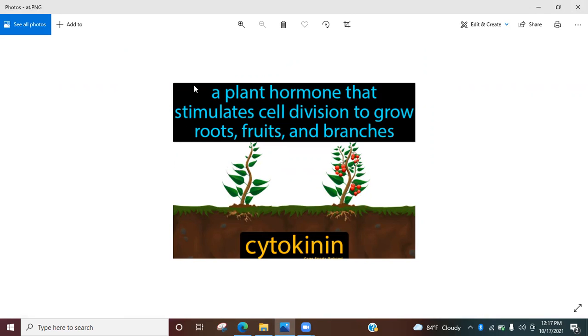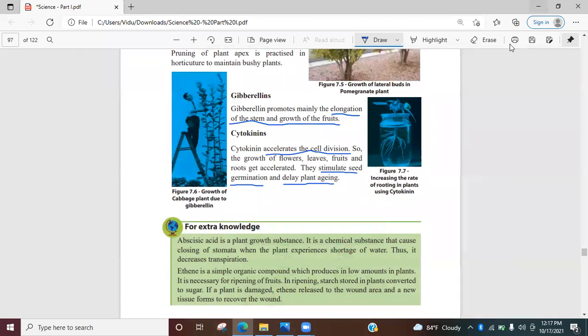This is the simple description of cytokinins. When you observe this plant and this plant, in this plant you can see there are fruits. So there is more cytokinin in this plant. And also cytokinin delays plant aging.